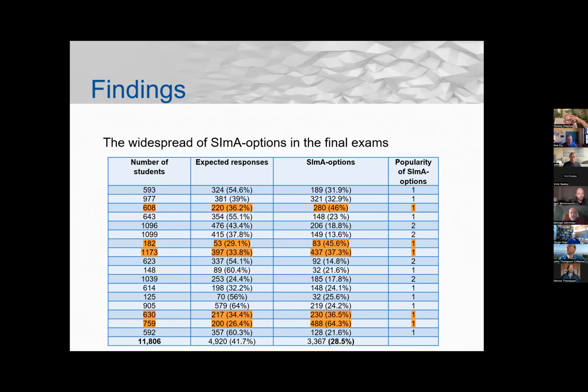Here are a few of the findings from this type of work. First of all, we looked at the final exams, and overall we see that in questions of this type, the expected answer, the surface area, was offered by less than 50% of the students, while the option consistent with the SEMA way of thinking was chosen almost in 1/3 of the cases.